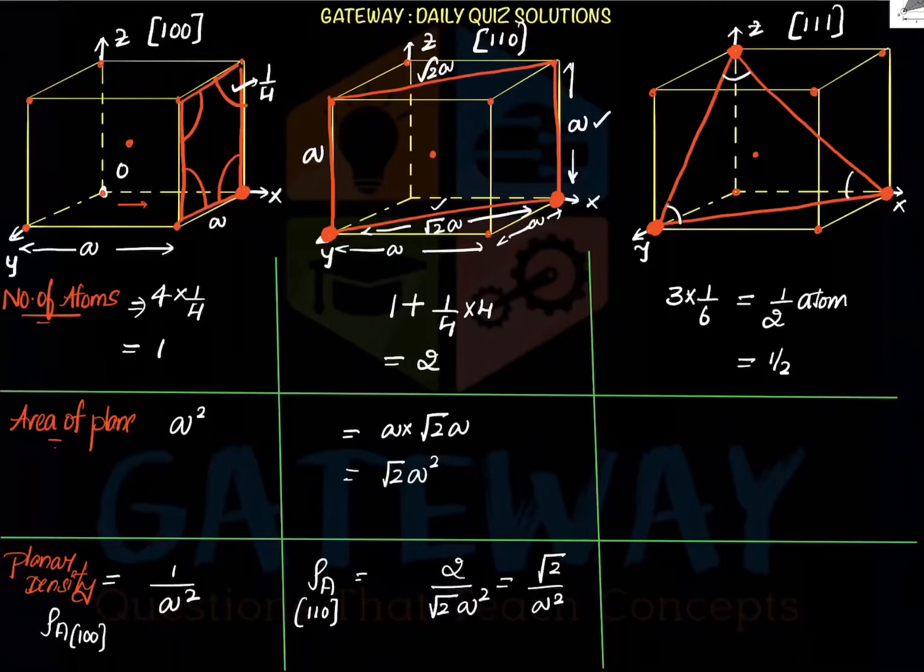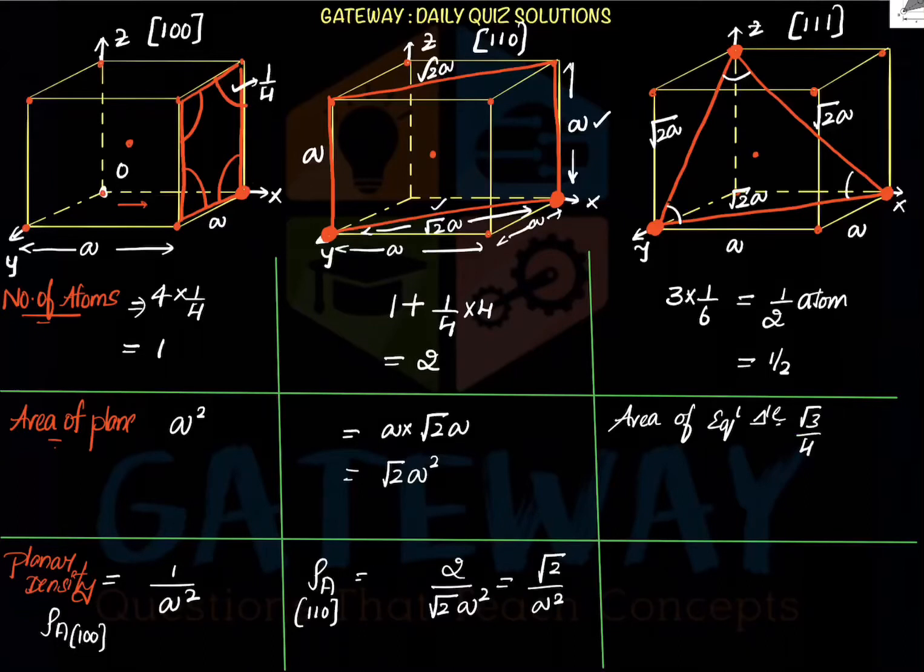And also here, calculating the area, if you can observe, each angle is 60 degrees and each side is equivalent. So it is an equilateral triangle, this is A and this is A. This comes out to be root 2 into A by Pythagoras theorem. This side is also root 2 into A, and this side is also root 2 into A. We know the area of an equilateral triangle is root 3/4 into the side square, and the side here is root 2A.